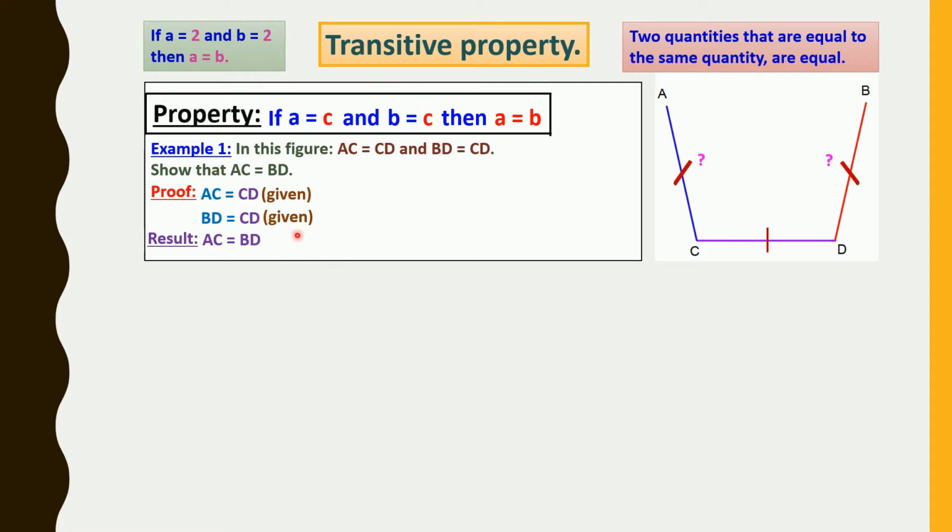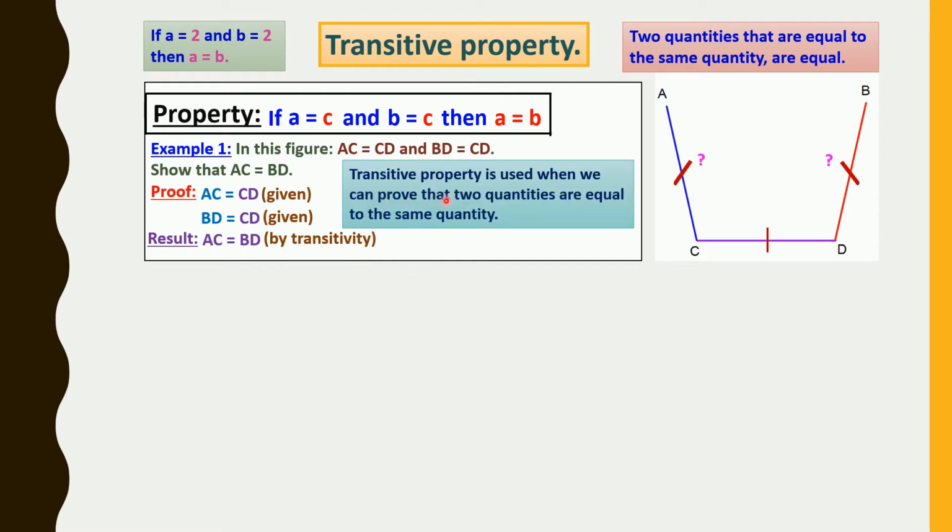So the reason here should be, we don't write transitive property, we just write by transitivity. So in case we use the transitive property to prove the equality of two segments or any other quantities, the reason that we write is by transitivity.